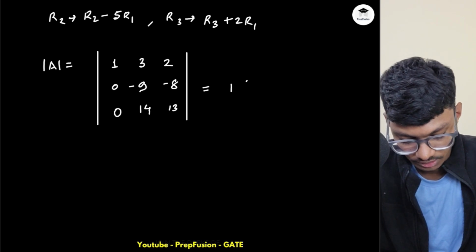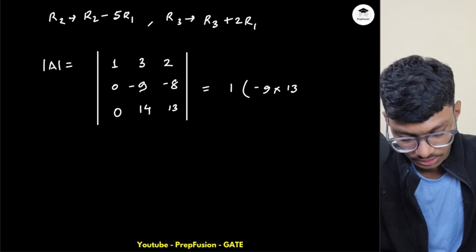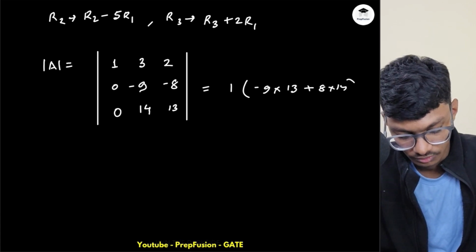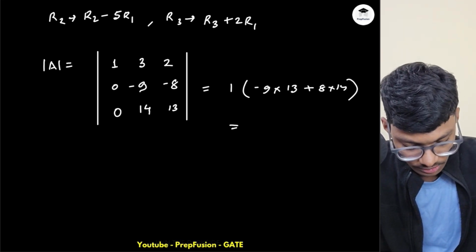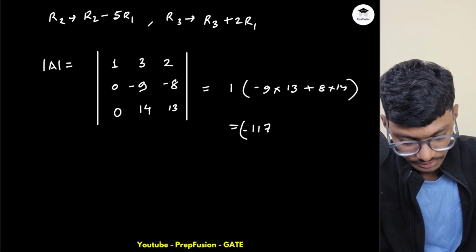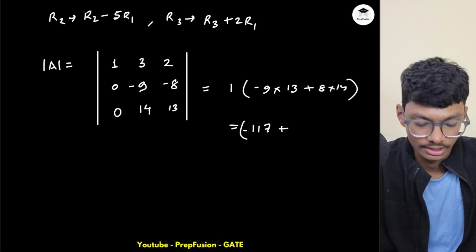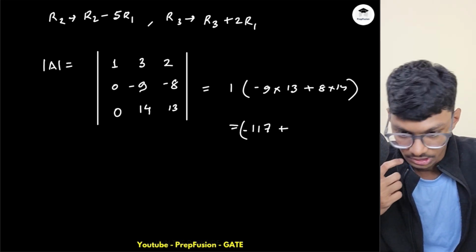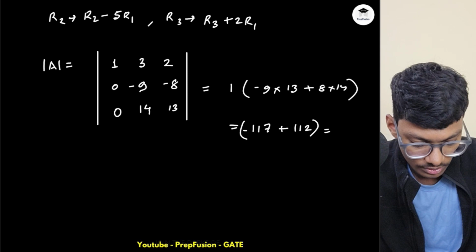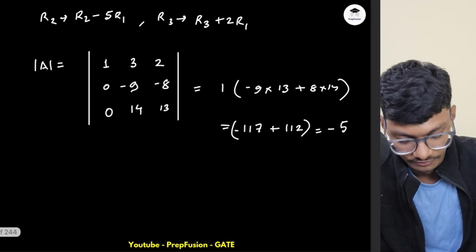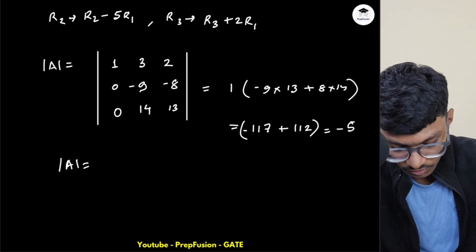It will be equal to 1 into minus 9 into 13 plus 8 into 14. 13 into 9 is 117, so minus 117, and 14 into 10 is 140, minus 28 gives 112. So this comes out to be minus 5. So our determinant of A equals minus 5.